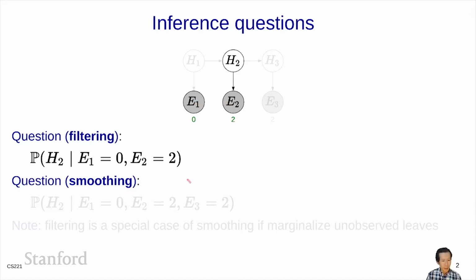Smoothing is similar, except that in addition, I condition on the future. So my observed e3 is equal to 2 as well.